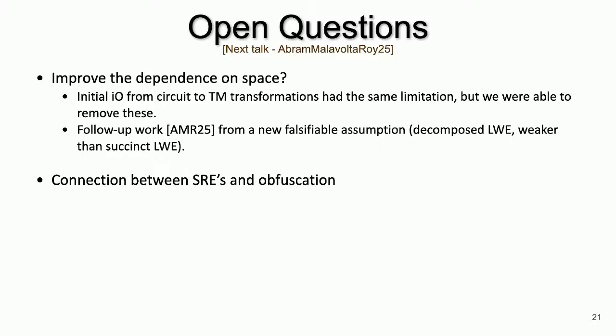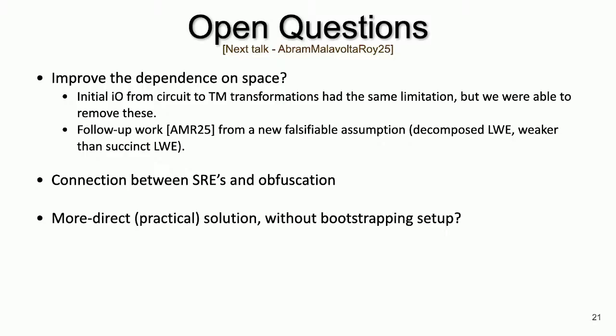A more direct practical solution for the construction that we have, or some homomorphism, would be great. Because right now it involves this bootstrapping step, where you're running things over again. Nobody would think of implementing this, or I wouldn't.